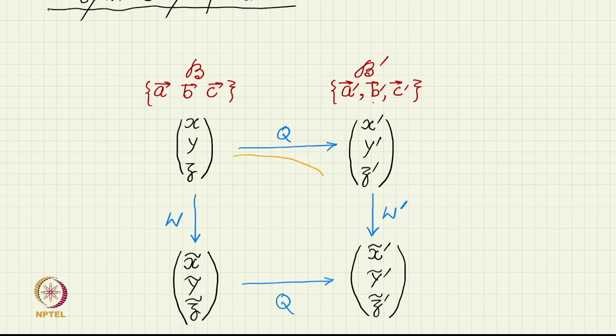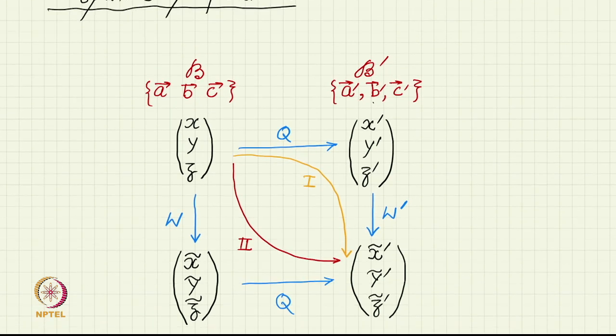So, let us take one path, the golden path, path 1, and another path, the red path, path 2.